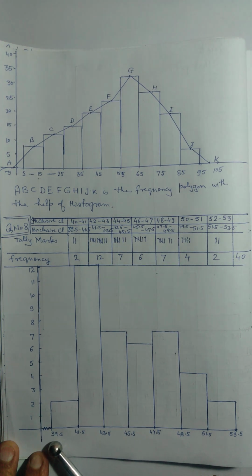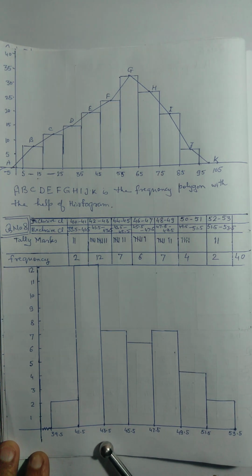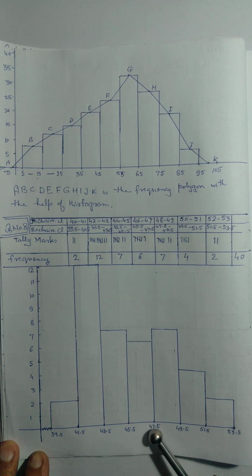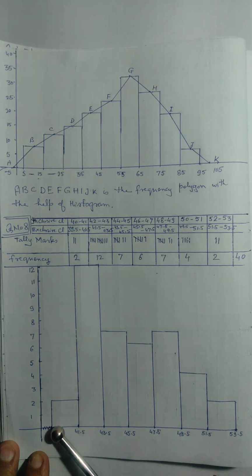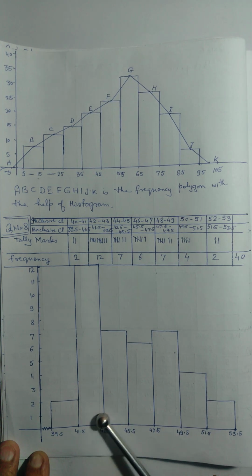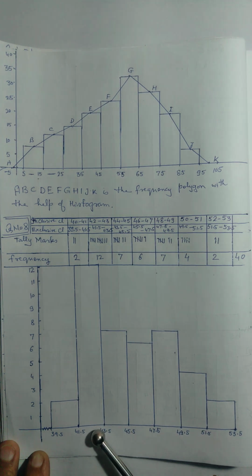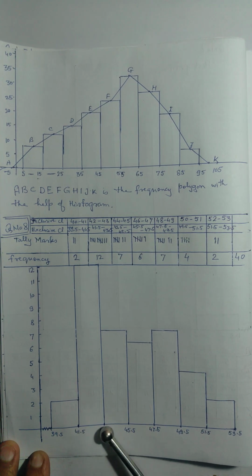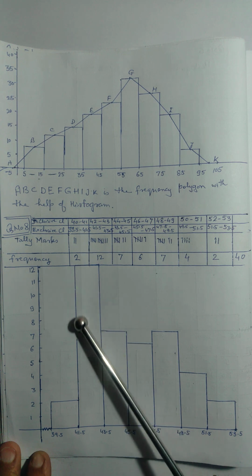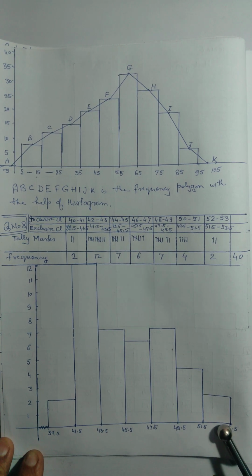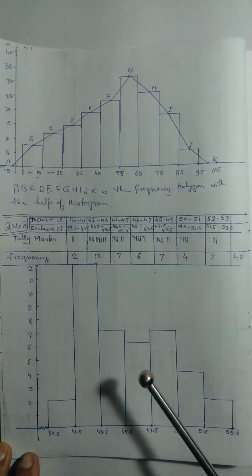It means that 0 to 39.5 is not required, so it is shown by starting the line from 39.5 to 41.5, 41.5 to 43.5, and in this way. The corresponding frequency of each class is represented along the height of the rectangle. So the width indicates the class interval and the height indicates the frequency. In this way we can prepare the histogram of question number 8.